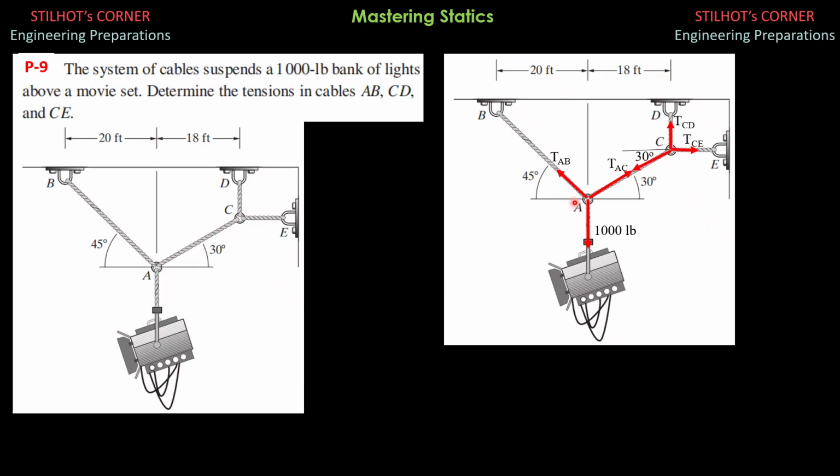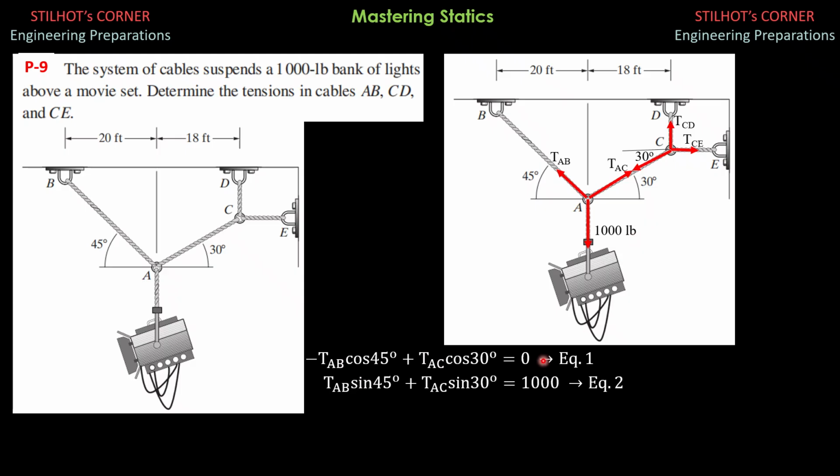So at A, summation of forces in x equals 0, so that would be negative tension AB cosine 45 plus tension AC cosine 30 degrees equals 0, equation 1. Then summation of vertical forces equals 0: TAB sine 45 plus tension AC sine 30 degrees equals 1000, equation 2. Solving equations 1 and 2 simultaneously, we get TAB equal to 896.6 pounds, TAC equal to 732.05 pounds.